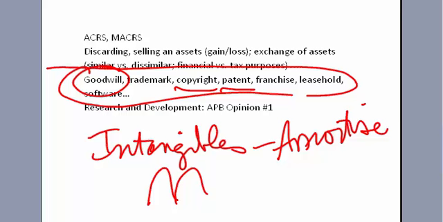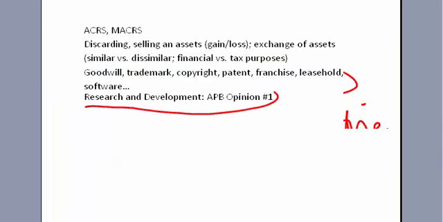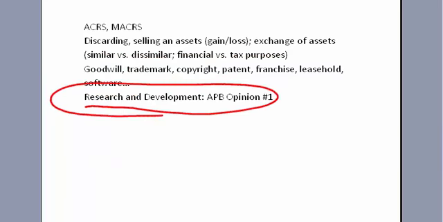So the last item here then is research and development, and that is the one huge exception. The matching principle says that you cannot have an expense unless you have a revenue to match it to.